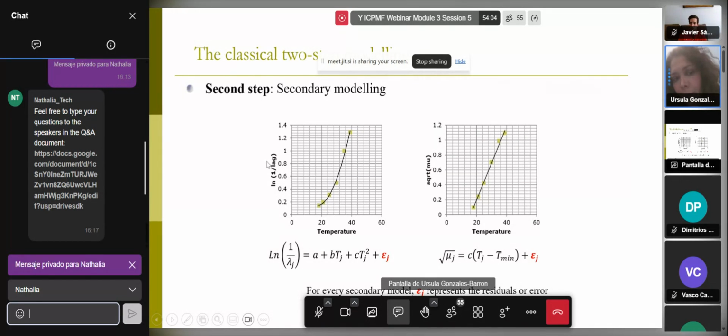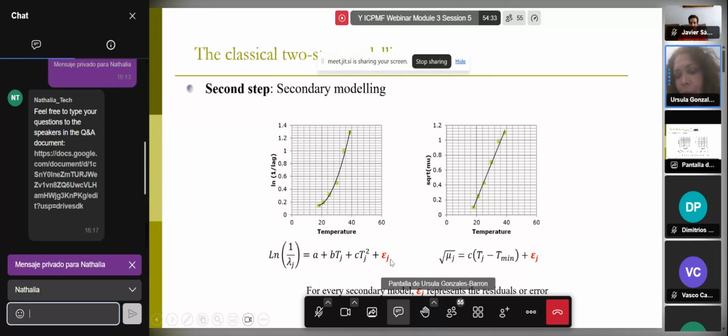Here I'm using a transformation of the lag time duration which is quite often used, the reciprocal, with a quadratic equation. And here I have just a linear model with the square root of the growth rate. So I have two secondary models. This is the classical approach.